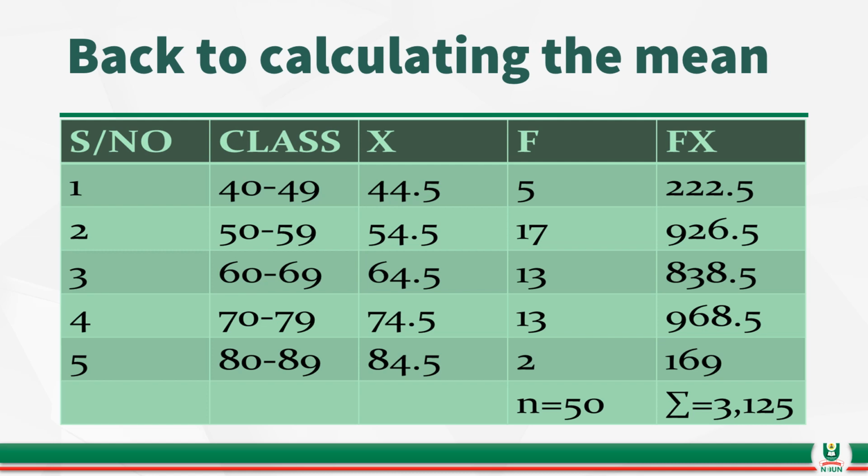And then the class center x times the frequency will give you fx, which is 222.5 for number 1 and 926.5 for number 2, down to 169 for number 5. The summation of fx will give you 3125.